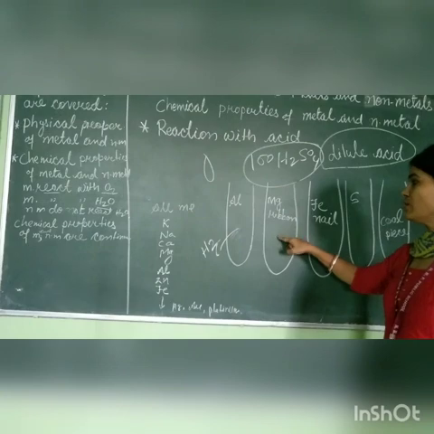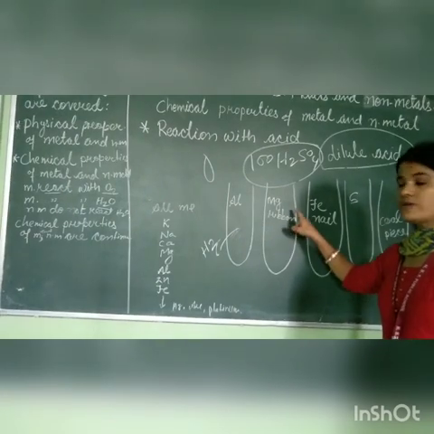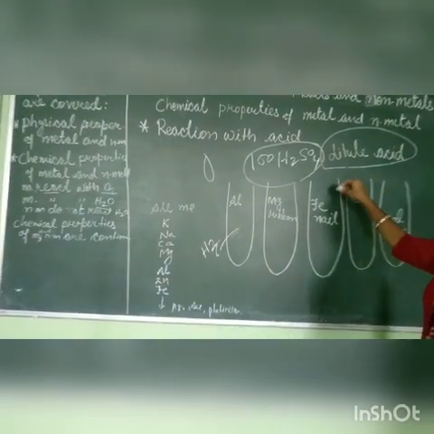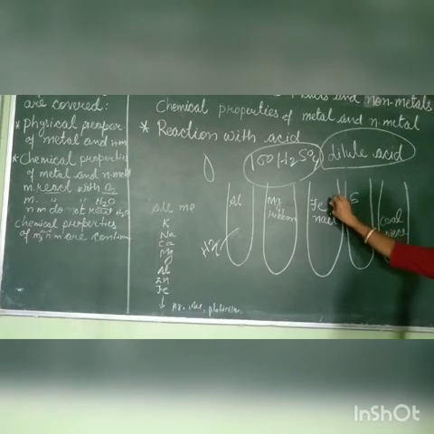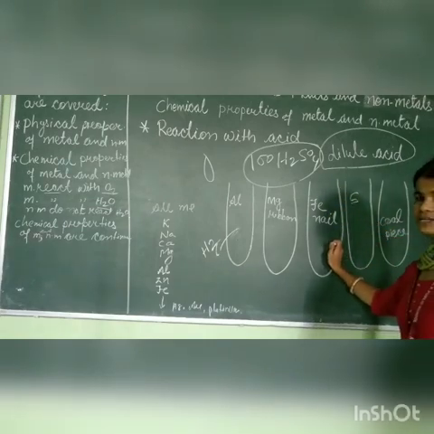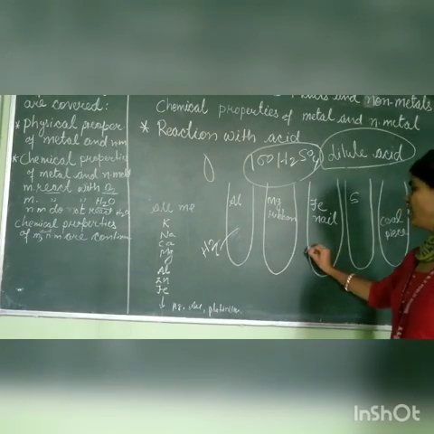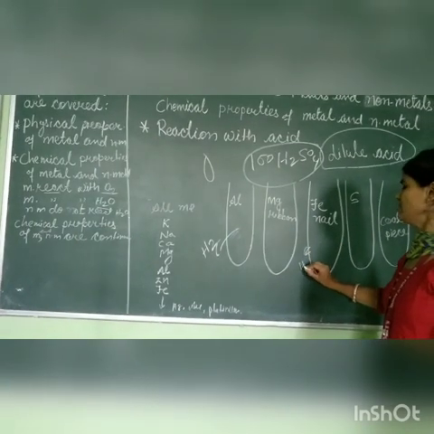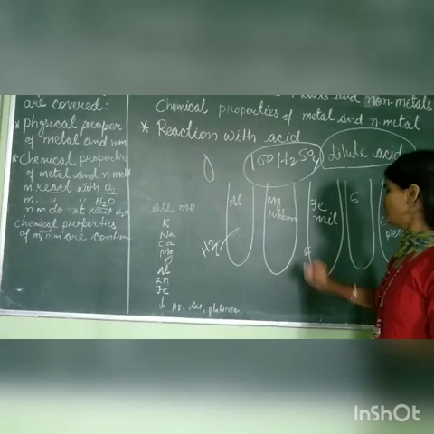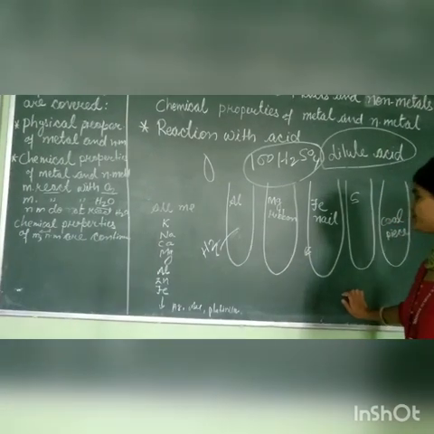So magnesium is just like aluminium. When we put dilute acid on the iron nail, it also reacts, but it will not release much heat, it will release hydrogen gas, though less.